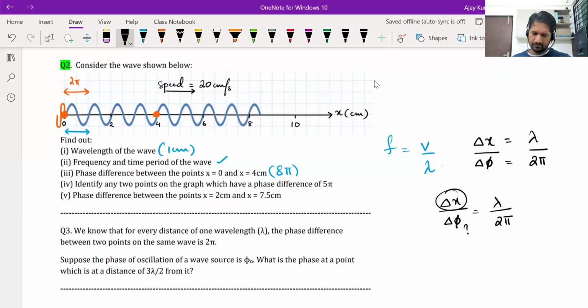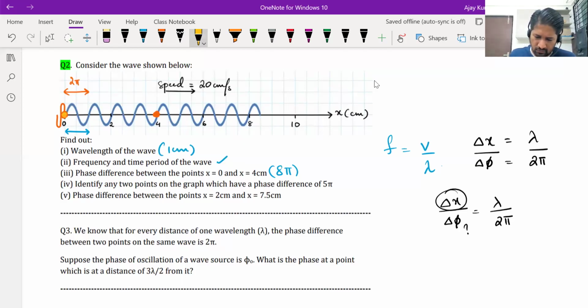Next, you are asked to identify any 2 points on the wave which have a phase difference of 5 pi. From the idea that for each wavelength you have a phase difference of 2 pi, you can easily identify 2 points which have a phase difference of 5 pi. One wavelength corresponds to phase difference 2 pi. Two wavelengths, 4 pi. 2.5 wavelengths, 5 pi. So you just have to mark 2 points which are separated by 2.5 wavelengths.